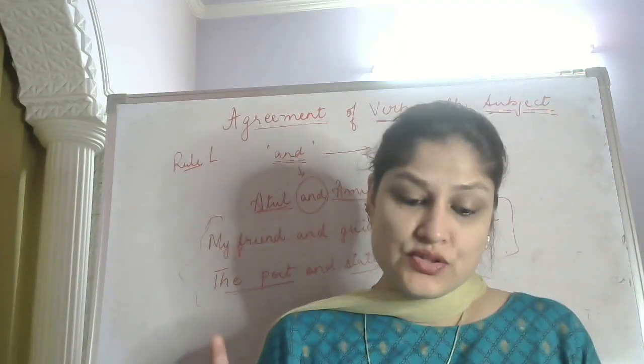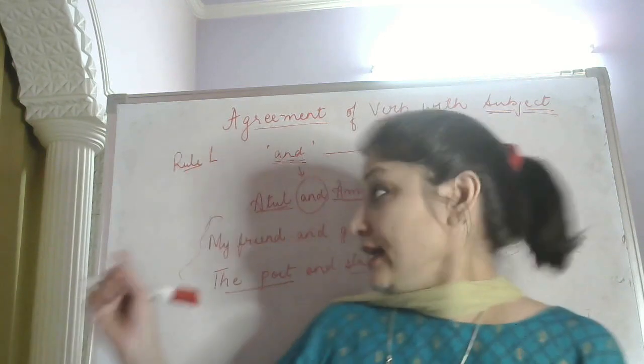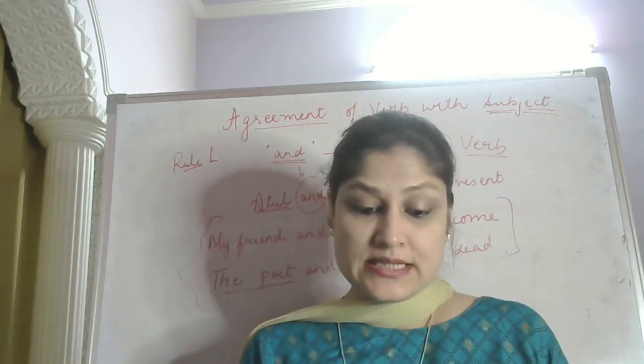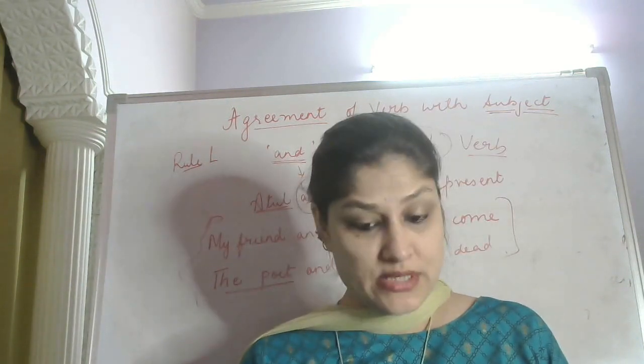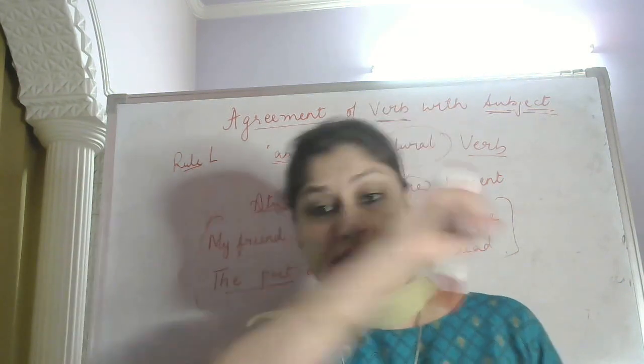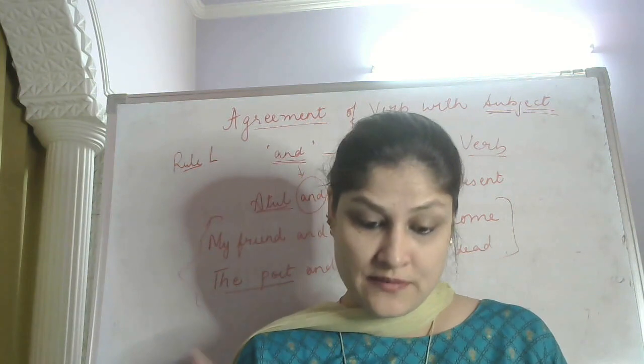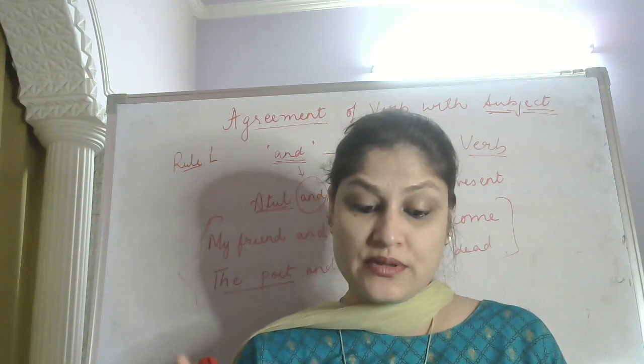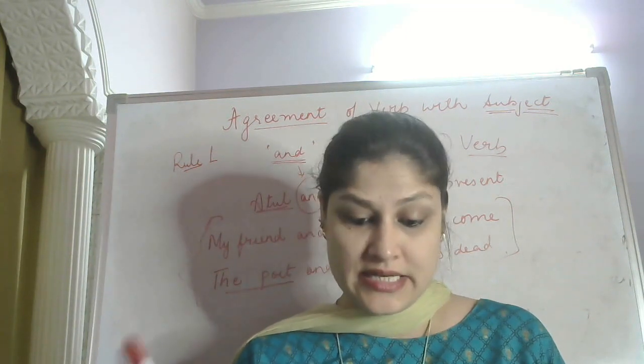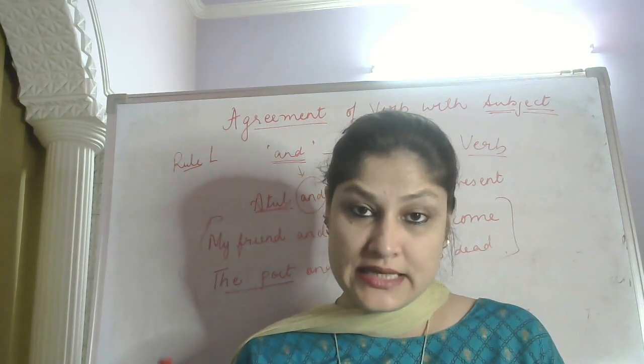Now see, it says here, if article is used only once, like here, once, the two nouns refer to the same person and the verb is in the singular form. But if the article is mentioned twice, then two distinct persons are intended and therefore the verb is plural.